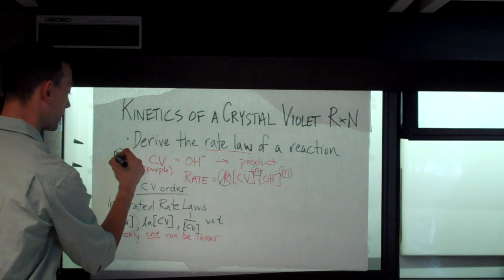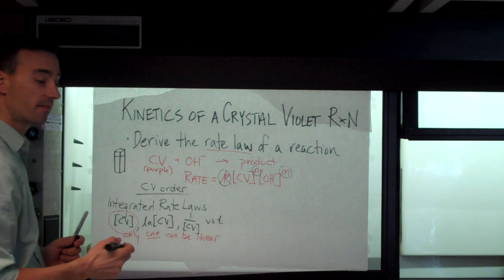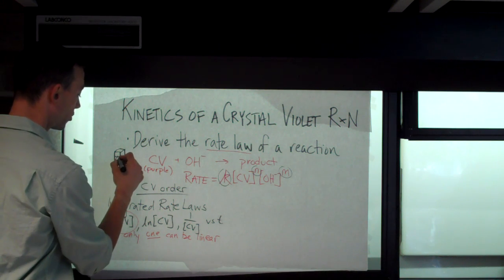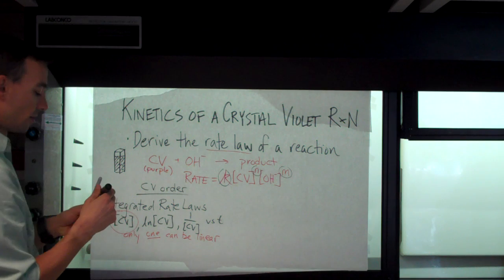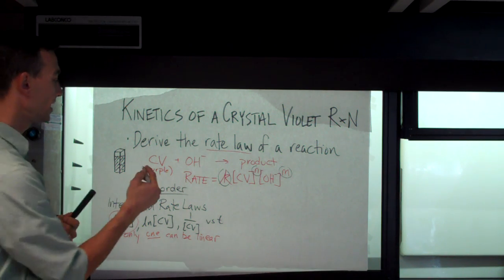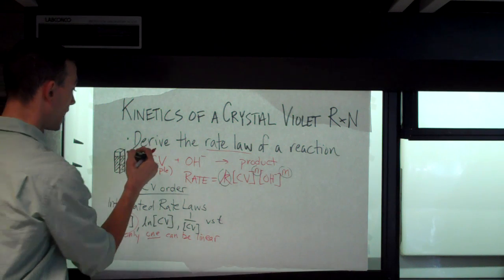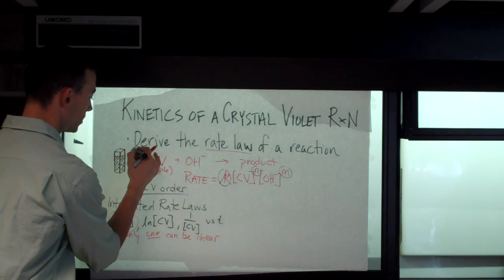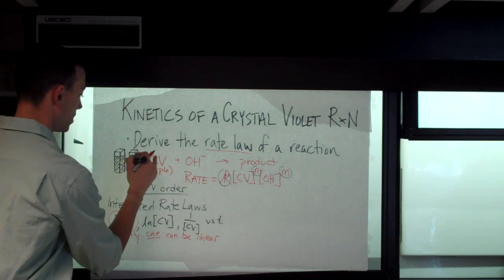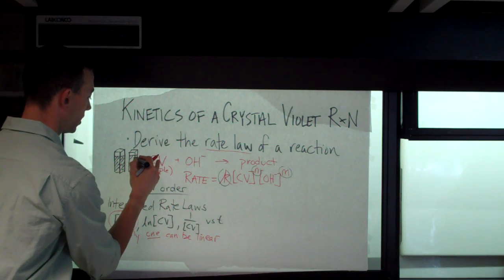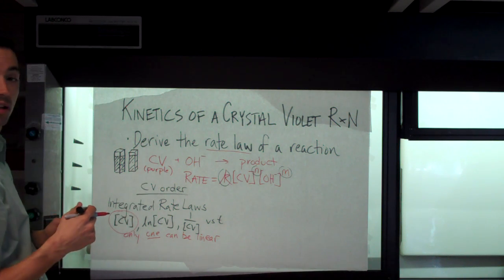We'll fill it up with a sample of our solution of reaction. And at the start, it will be pretty darkly colored purple. But as the reaction proceeds and we move from the reactant to the product side, our material changes. And the color will fade a little bit.